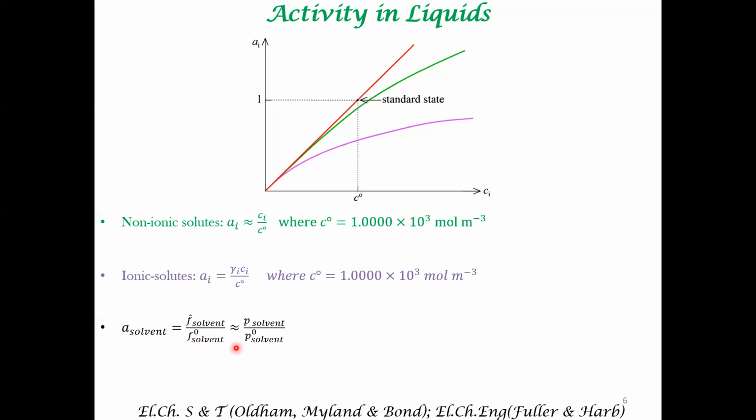You can take that fugacity of the solvent to be the vapor pressure of the solvent divided by the vapor pressure of the pure solvent at that particular temperature. That is the definition we can use. And it goes without saying that if you have a pure liquid, its activity is 1. This we have mentioned in a previous lecture too.